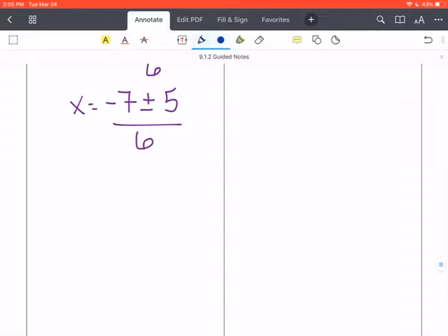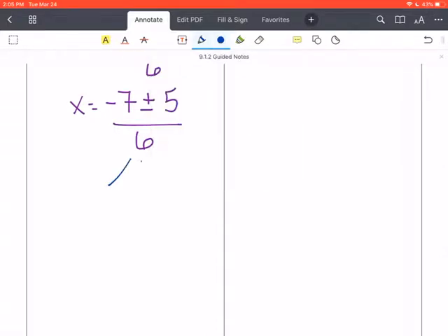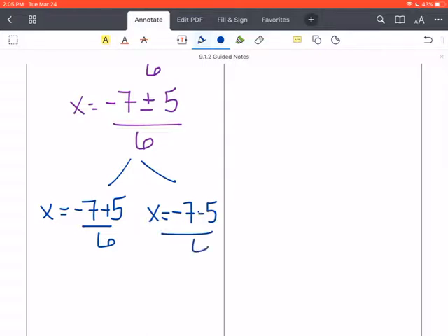So we can go ahead and make mini equations. We are going to calculate x equals negative 7 plus 5 over 6 and x equals negative 7 minus 5 over 6. So we always do the numerator first. You have to.